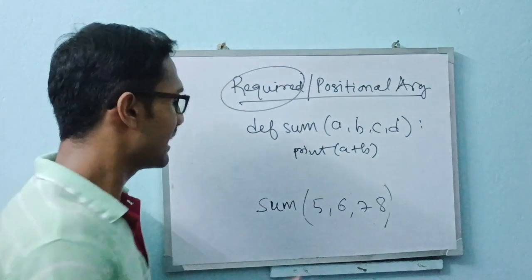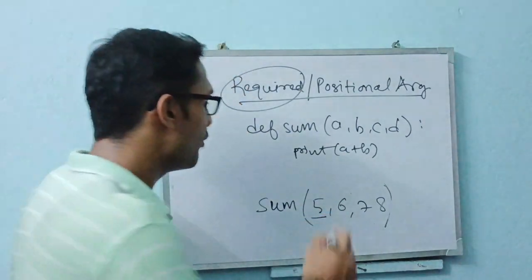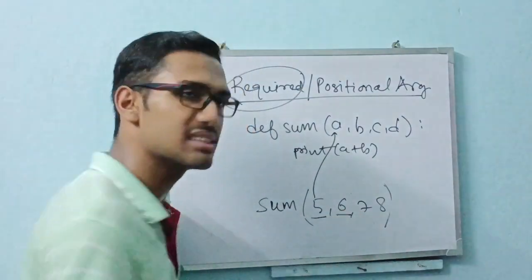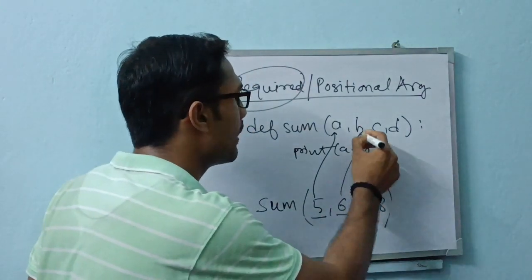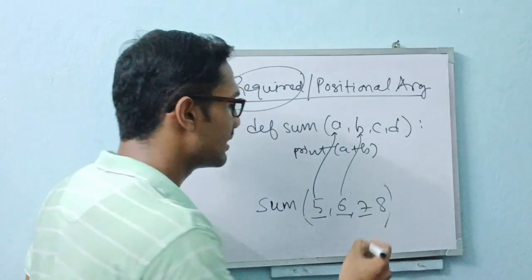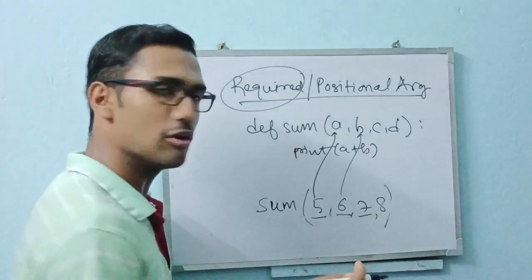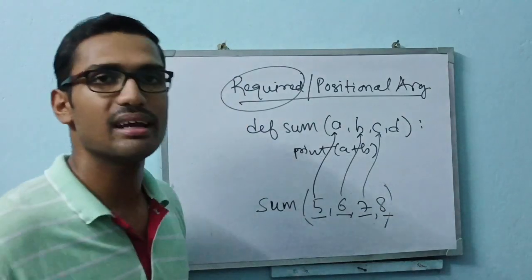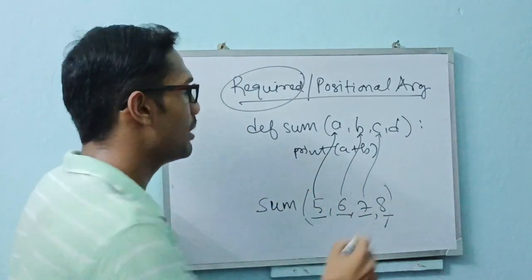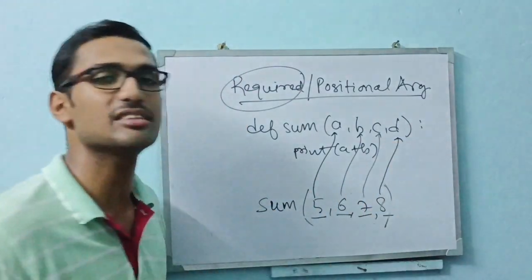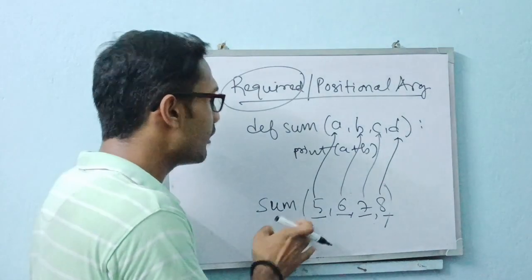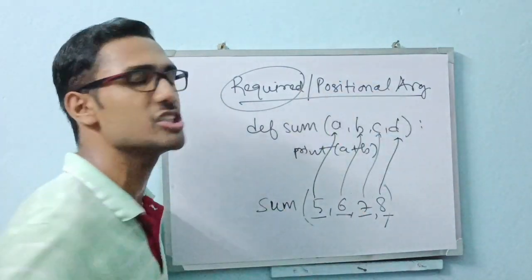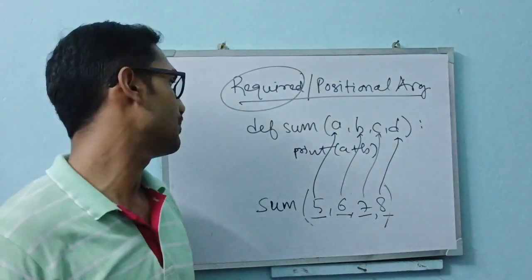It means that this argument value 5 will move to parameter A. This argument value 6 will move to parameter B. This argument value 7 will move to parameter C, and this argument value 8 will move to parameter D. And that's what position is. So with respect to the position of the argument, it will move to the respective position of the parameters.